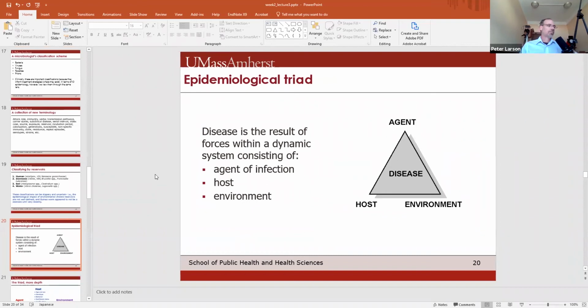So again, we're talking about this epidemiological triad of host, agent, or pathogen in the environment, and how these things come together to create conditions of disease. This is a picture we're going to keep going back to over the course of the term.